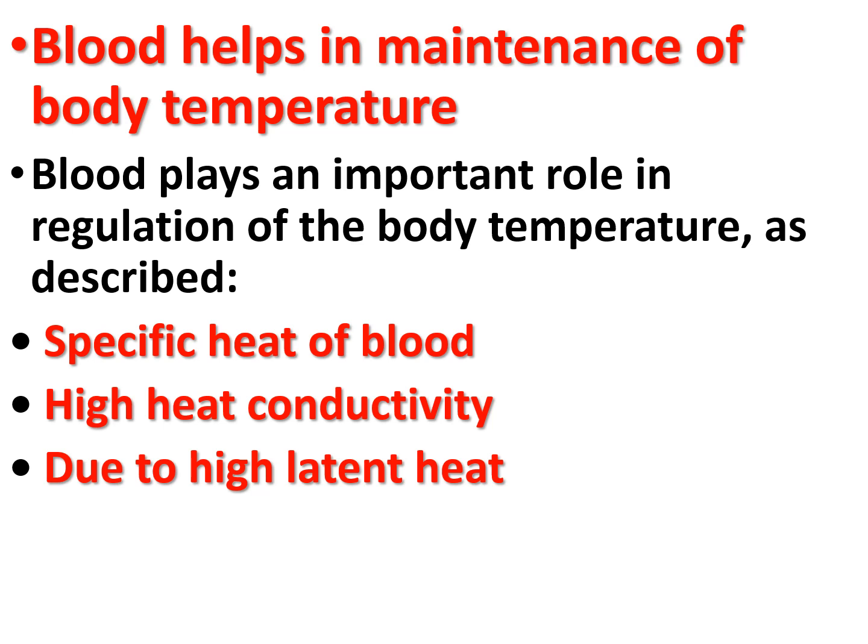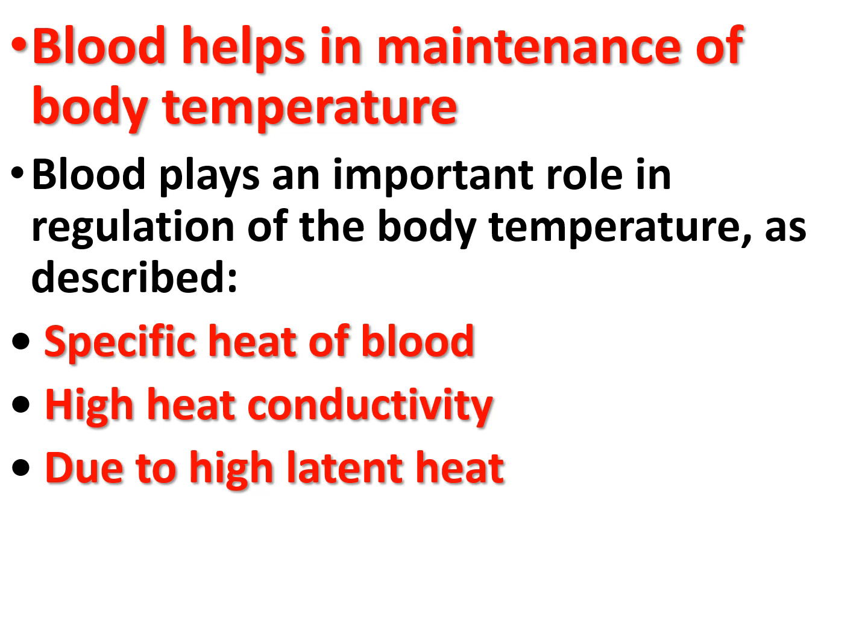Now, blood helps in maintenance of body temperature. It does so in three ways. First, the specific heat of the blood is very high, which is useful in buffering sudden changes in body temperature.